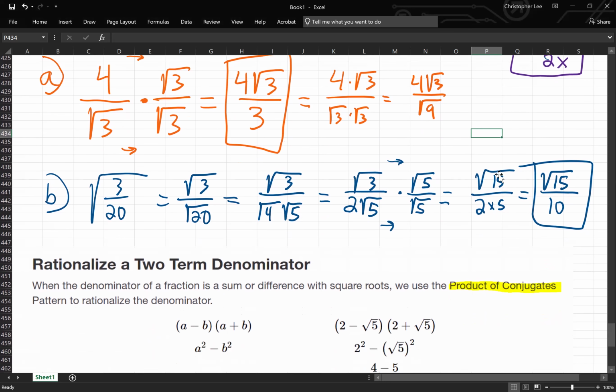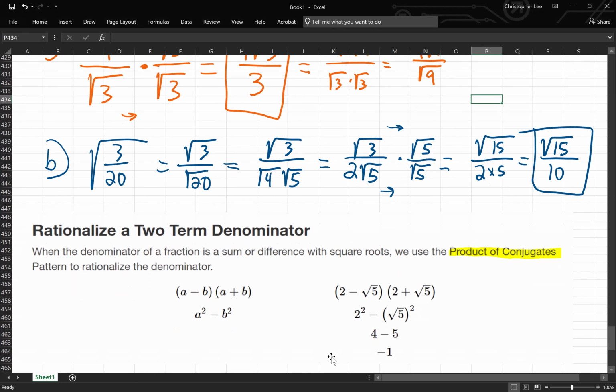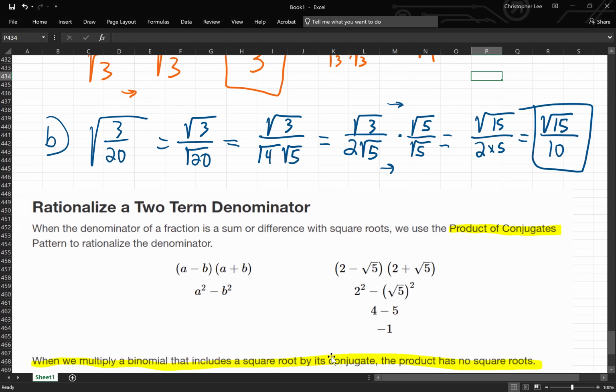So check this out. You know that a minus b times a plus b is a squared minus b squared, right? The same is true for the product of conjugates. So if you have 2 minus square root 5 times 2 plus square root 5, it's just 2 squared minus the square root 5 squared, which becomes 4 minus 5, which equals -1.